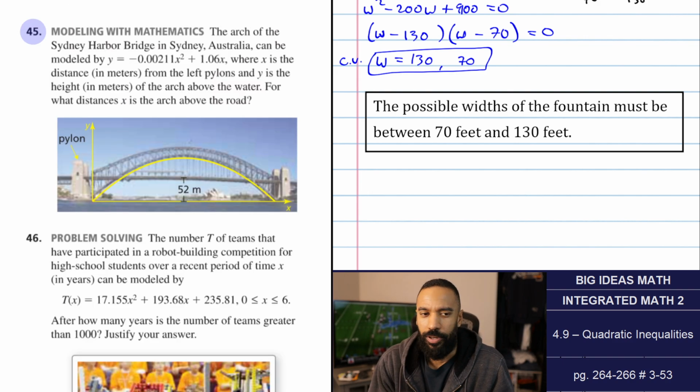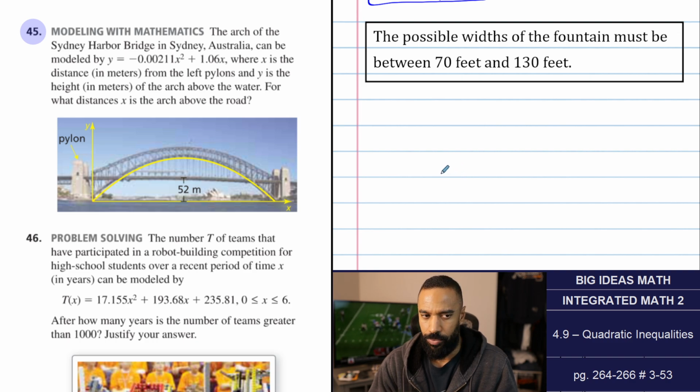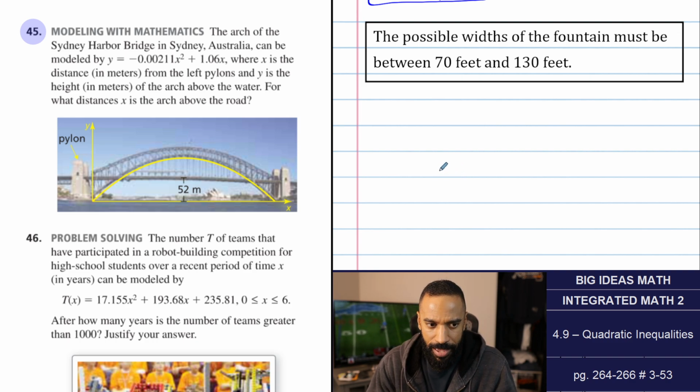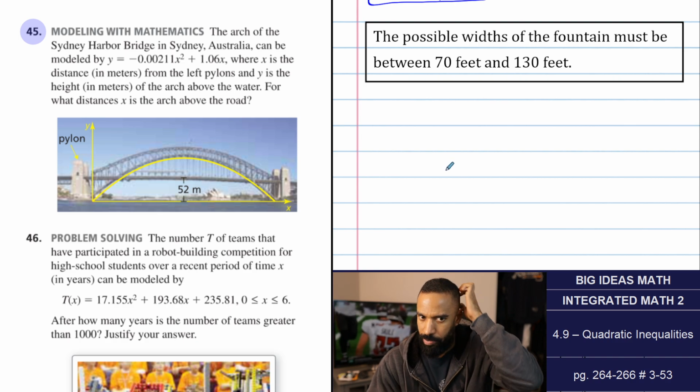Okay, number 45. I'm probably going to use a graphing calculator for that equation we're seeing there. The arch of the Sydney Harbour Bridge in Sydney, Australia, can be modeled by that, where x is the distance in meters from the left pylons, and y is the height in meters of the arch above the water.